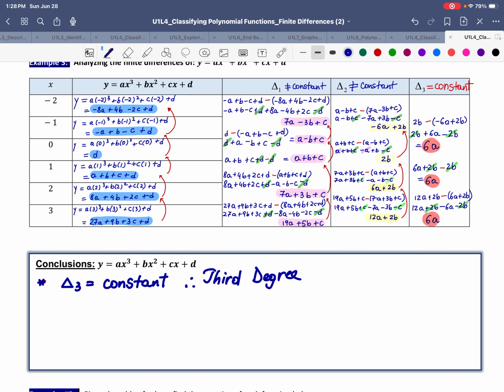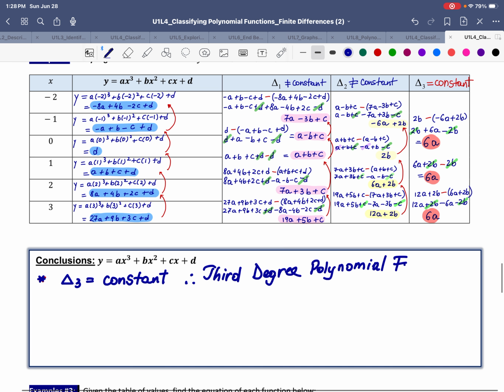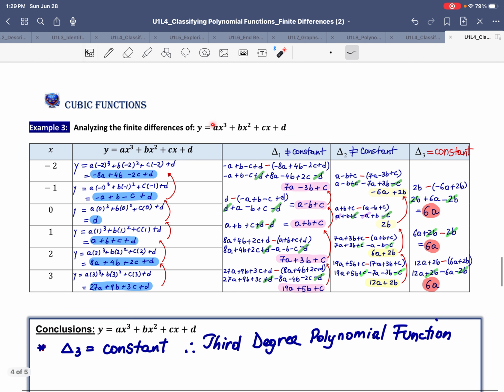Now, other things we need to find out and investigate in here is how is the third difference related to the coefficients, because when we use the table of values to find the equations, it means that we need to find these coefficients. Those coefficients make each polynomial equation of third degree unique in a way.